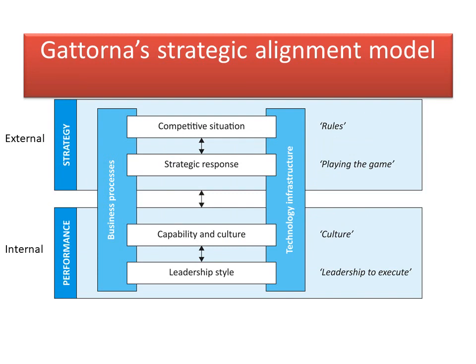The study guide shows this alignment model from Galbraith, which is saying the external factors, processes in competitive situation and strategic response need to be lined up with the capability, culture and leadership style within the organisation.